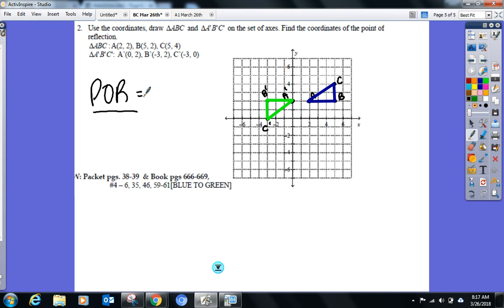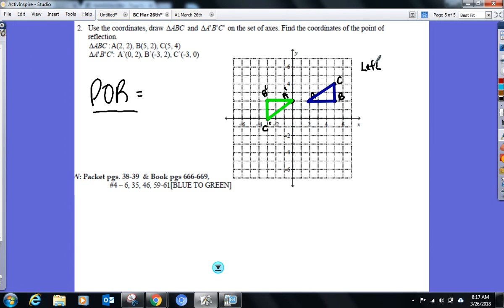Okay, let me go back to Matt's. What did you use, Matt, before to get to the image? Slope. So can anybody, here you go, I'm going to need somebody's help here. Frank, I'm going to need a number. 6. How many do I go over and down to get from C to C prime? So left 9?